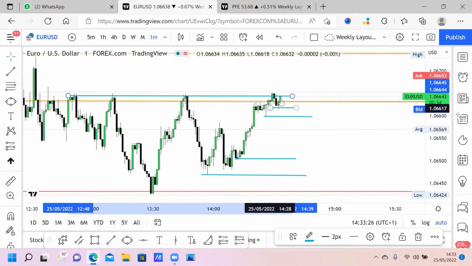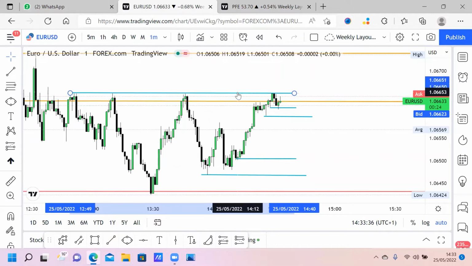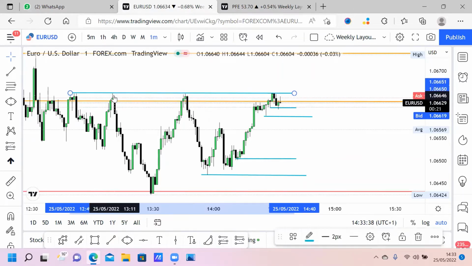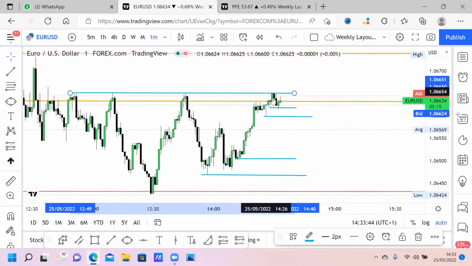You'll see the market trying to frighten you, but it shouldn't go above here. Price did not go above here, did not go above here, did not go above here. This is 4 attempts at trying to go above that zone. It didn't, so this is telling you that it shouldn't.